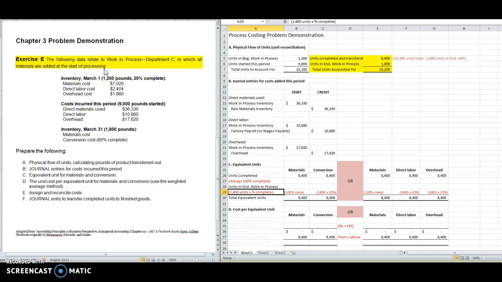If we receive all of the material at the beginning, that means it's 100% complete because we're not getting any more of the materials. For our ending inventory, again, we don't care about beginning inventory percent completes, but for our ending inventory, it says that the conversion cost is 80% complete. So we're going to take the 80%, because it is 80% complete.